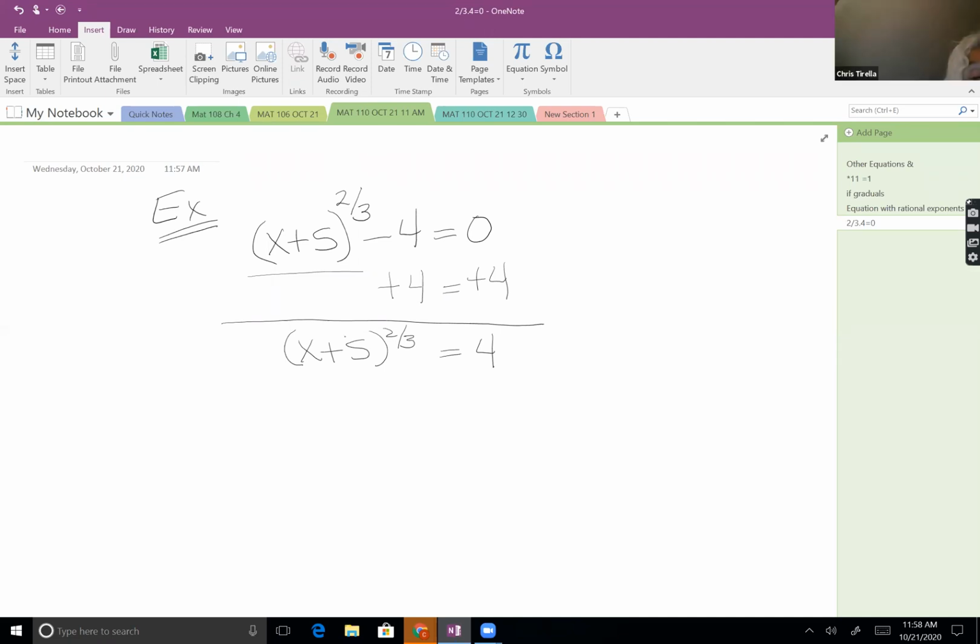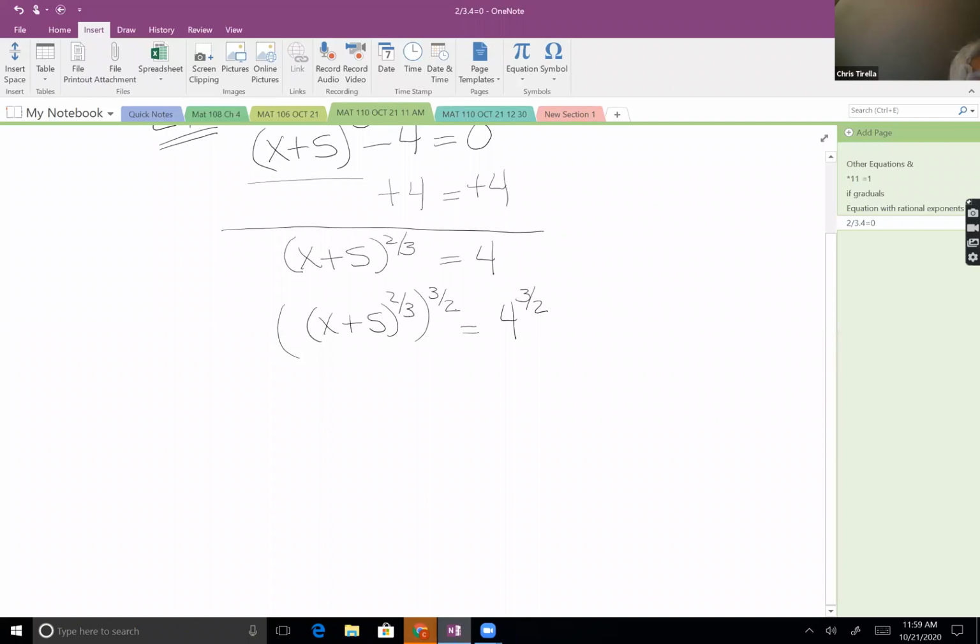Now, because all of this is in the parentheses, I want to get that out of the parentheses by undoing that exponent. And so even though it's more than just a single variable, I want to raise both sides to the reciprocal power. When I raise a power to a power, I multiply those exponents.